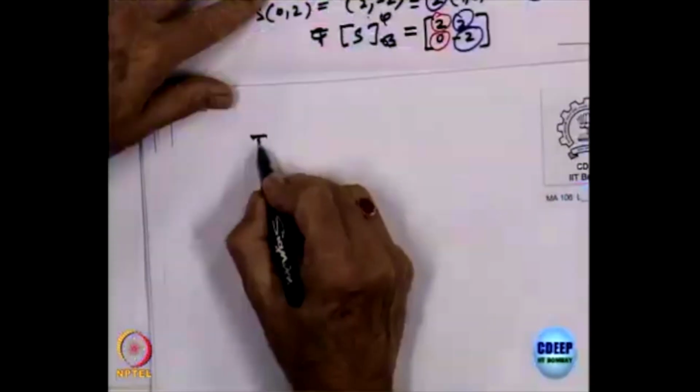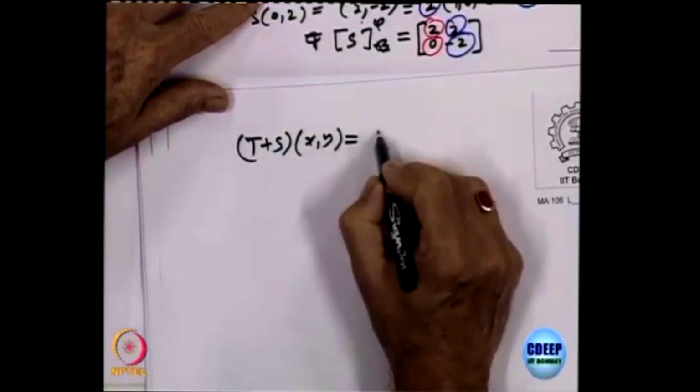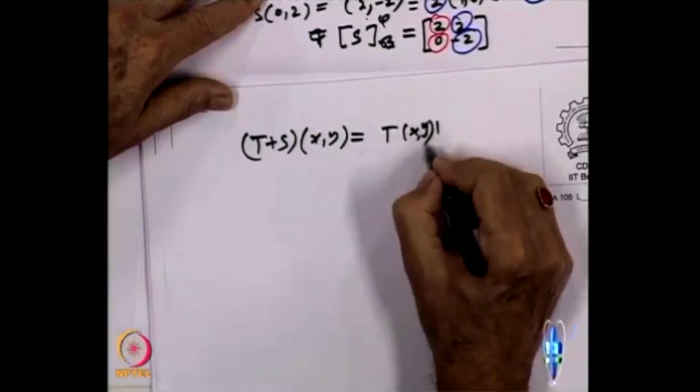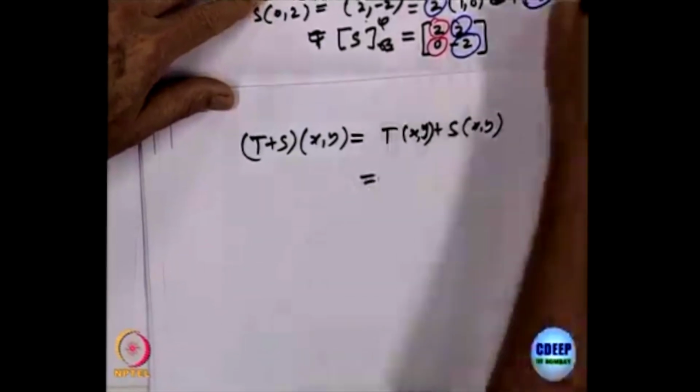As an exercise, I will leave it for you to try. Write down what is T plus S. So what is T plus S? T plus S of (x, y) is T of (x, y) plus S of (x, y). What is T of (x, y)?